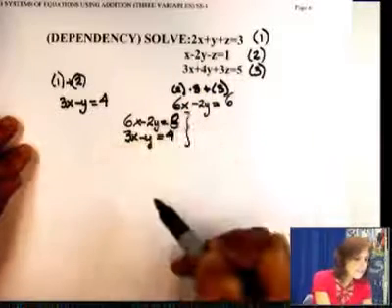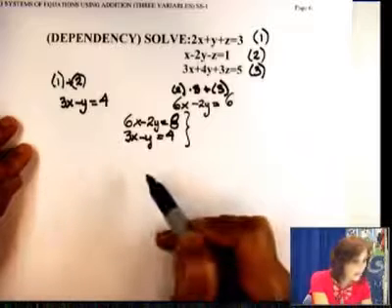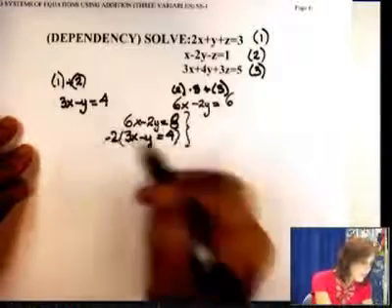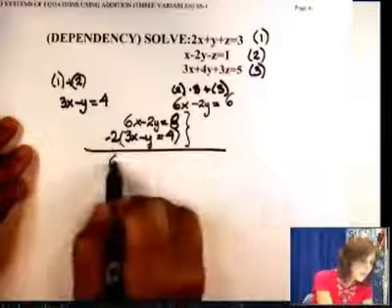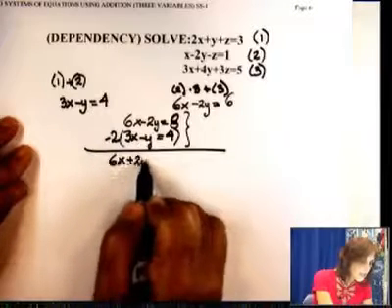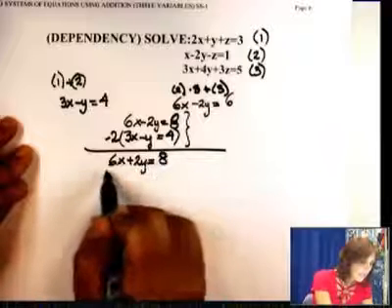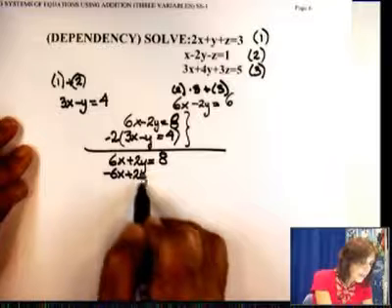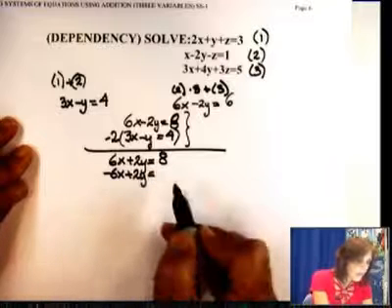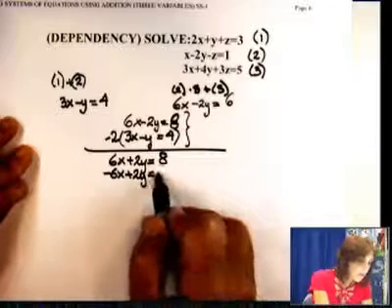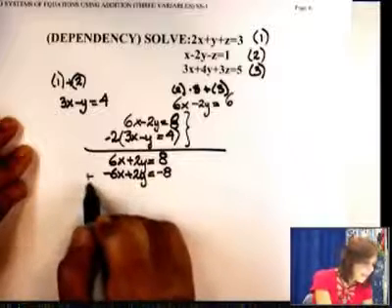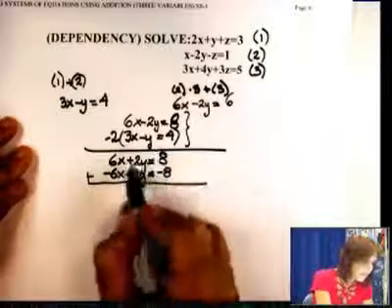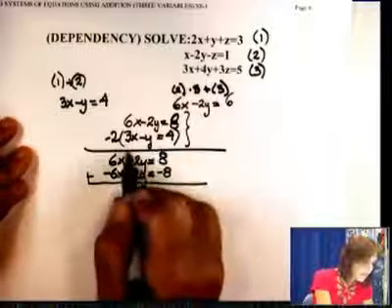Now let's look at this. Now these two, do they look anything kind of close? Let me show you. When you multiply the second one by negative 2, you're going to get 6x plus 2y equals 8. And the second one is negative 6x plus 2y equals negative 8. So when you add, oh, sorry, I keep on making those mistakes.